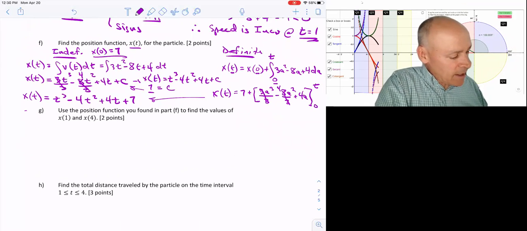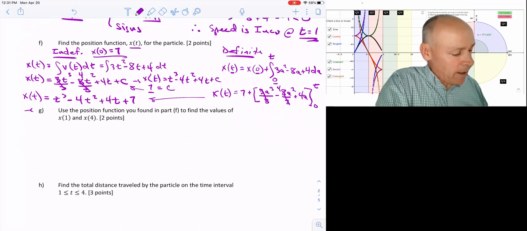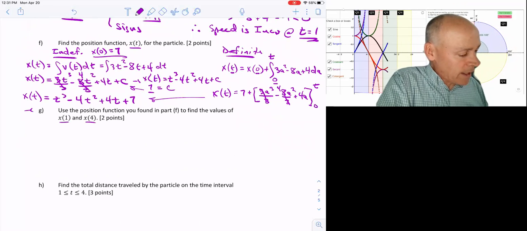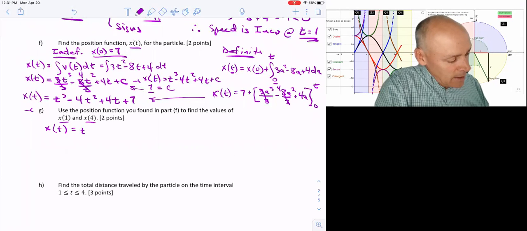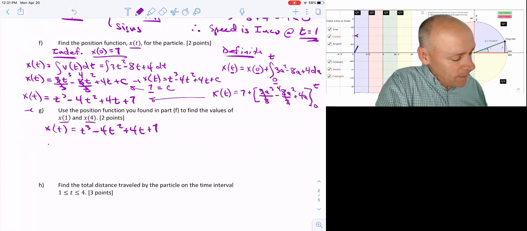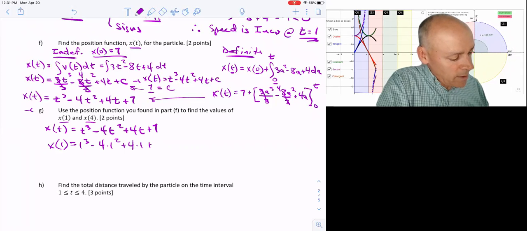Part G says use the position function you found in part F to find the values of x at 1 and x at 4. Well, we're using x of t equals t cubed minus 4t squared plus 4t plus 7. I'm going to find x at 1: 1 cubed minus 4 times 1 squared plus 4 times 1 plus 7.